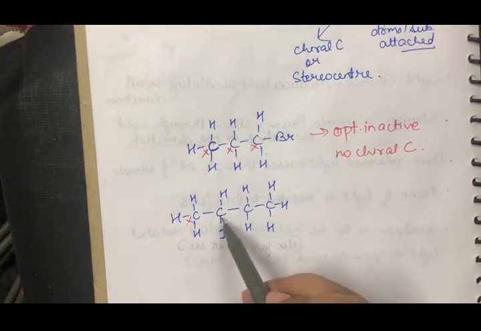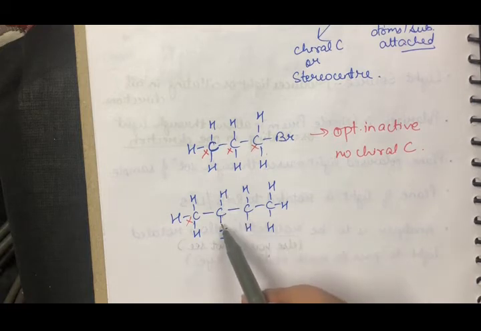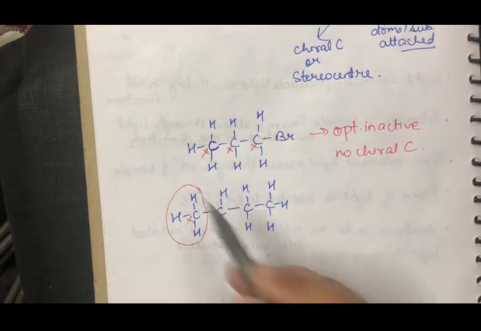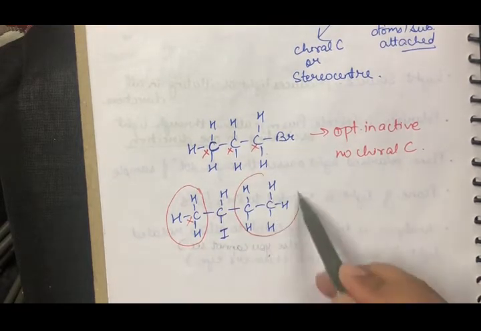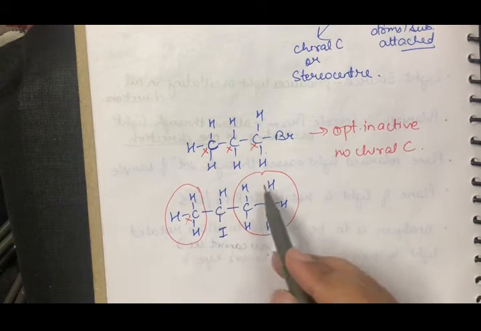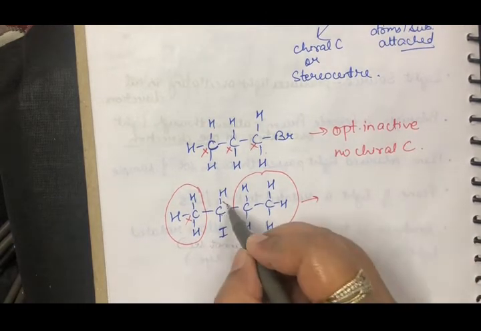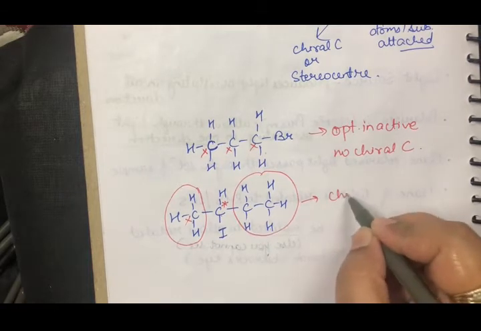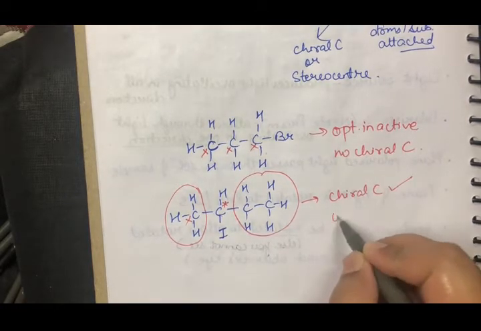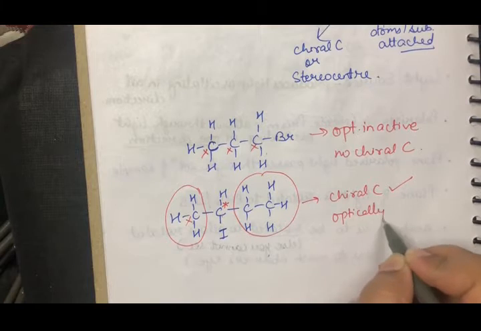If I talk about this carbon, I have a hydrogen, I have an iodine. So they are 2 different components. It is attached to a CH3 group and an ethyl group on the other side. So are all the 4 substituents different? Yes. This carbon is a chiral carbon. It has a chiral carbon? Yes. So the compound is optically active.